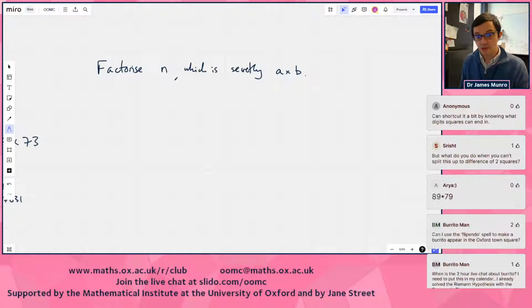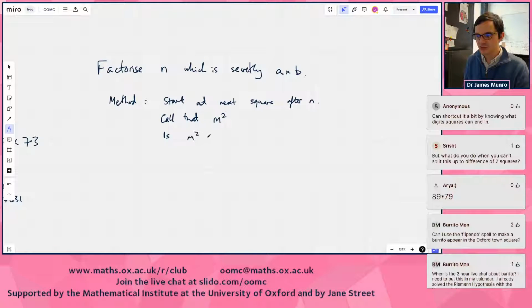Okay, so my method is something like start at the next square after n. I can turn that into maths in a second. We'll call that m squared. And the question is, is m squared minus n a square number?